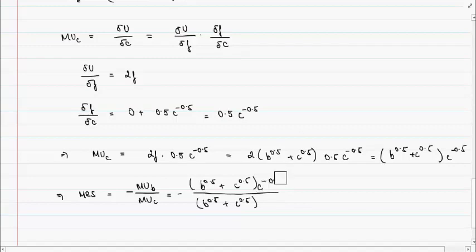Sorry, it should be b. Now these two terms in the brackets cancel out. So what we got left with is negative b on c, everything to the power negative 0.5.